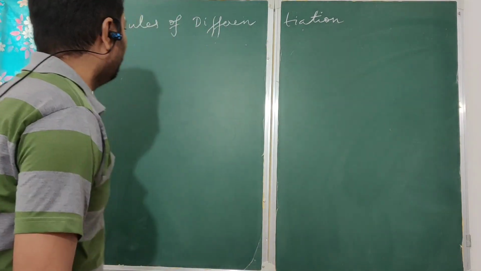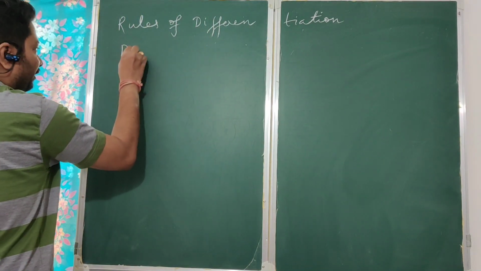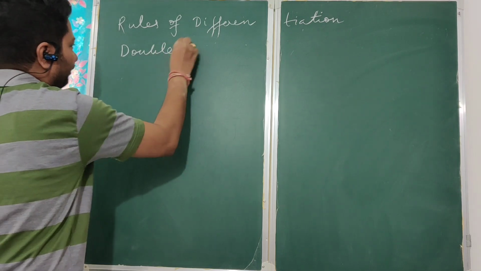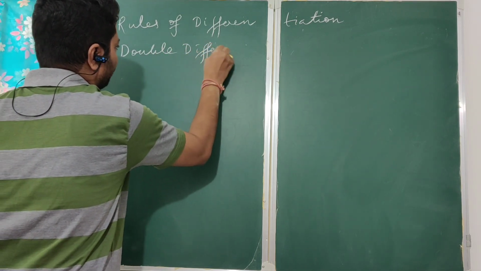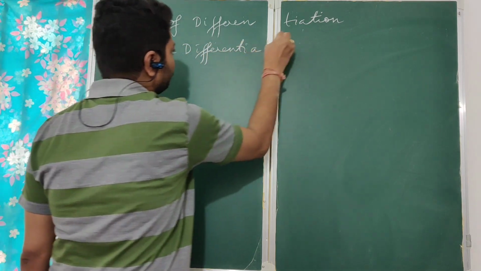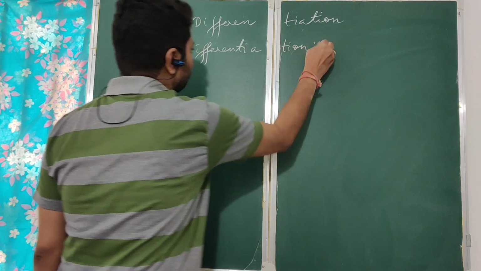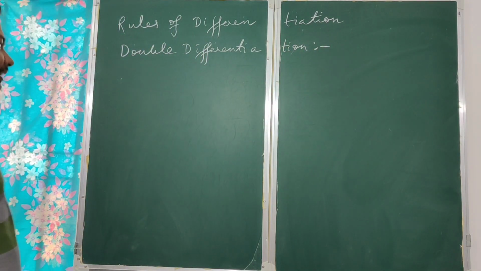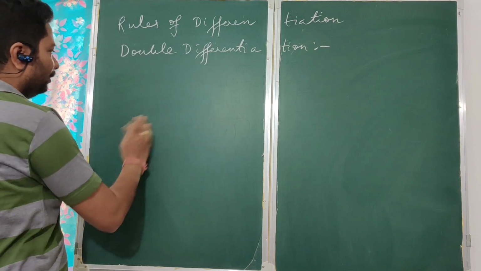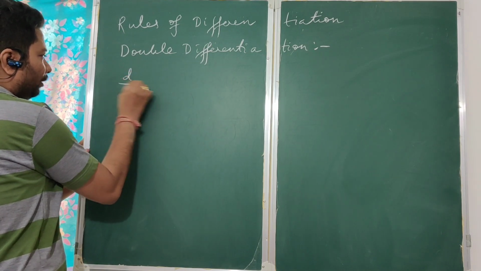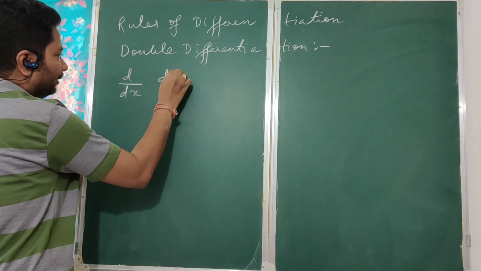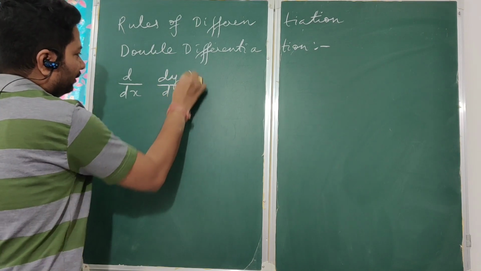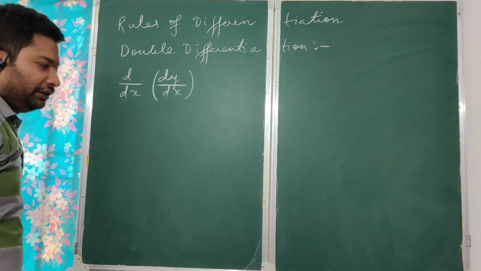Now let's talk about double differentiation. Sometimes we need to differentiate a given function two times. So in case of double differentiation, you are actually trying to find out d by dx of dy by dx if you are having y is equal to f(x).